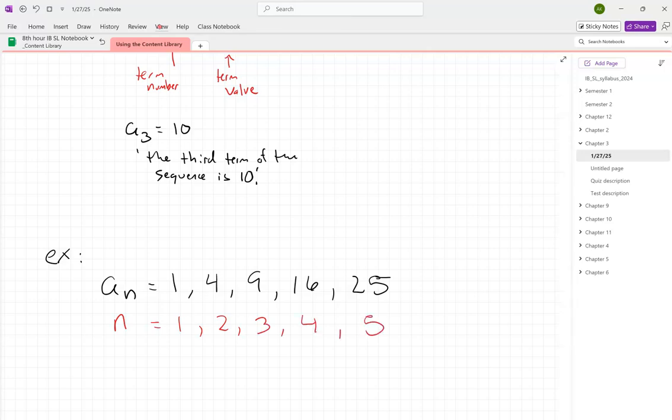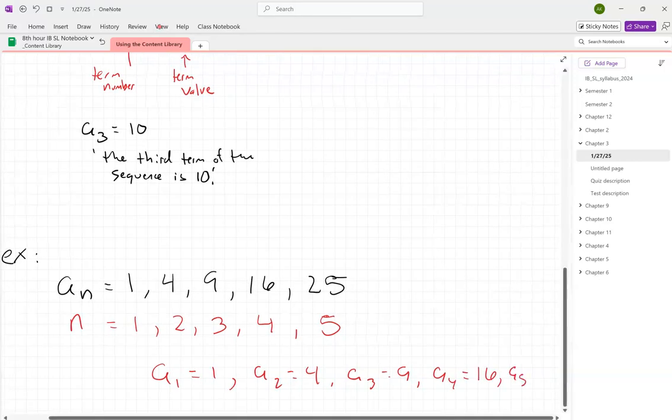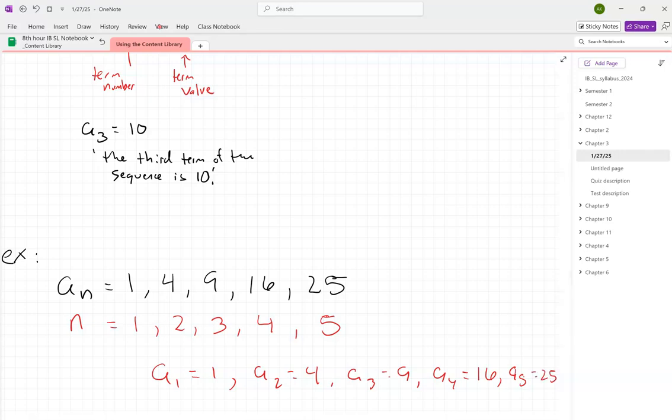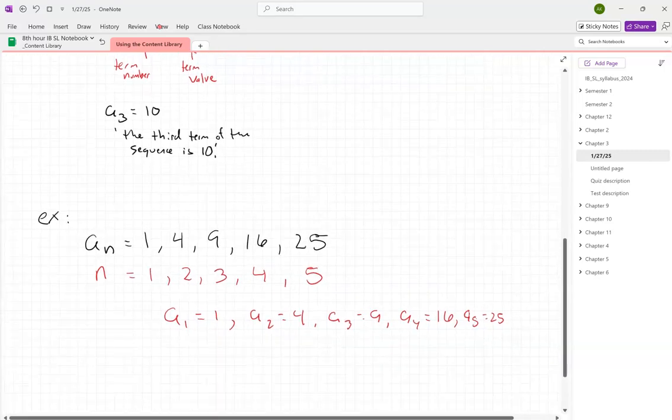There's 5 numbers listed, so we have 5 terms. That's exactly right. So we can say the first term is 1. The second term is 4. The third term is 9. The fourth term is 16. The fifth term is 25. Does everybody feel okay with the notation there?